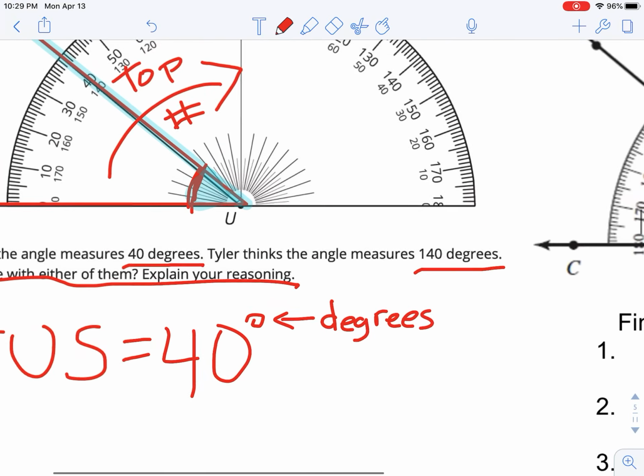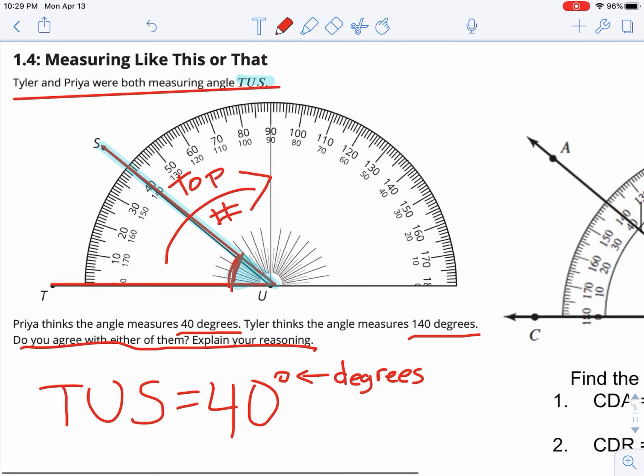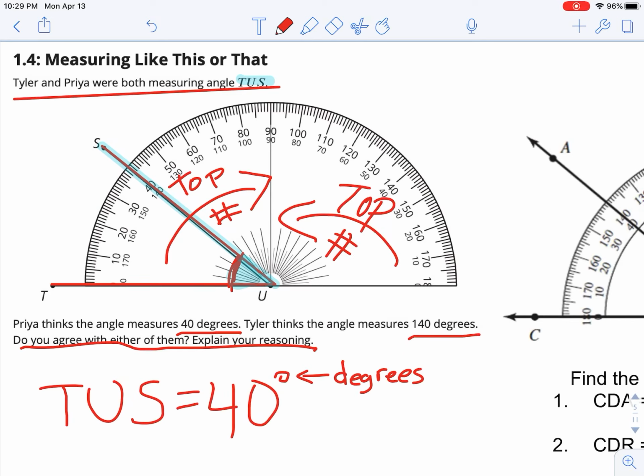But if you're going from right to left, you also read the top number. No, sorry, I messed up. Everybody makes mistakes, guys. Everybody has those days. If you're going left to right, top number. If you're going right to left, bottom number. Just look at the arrows.